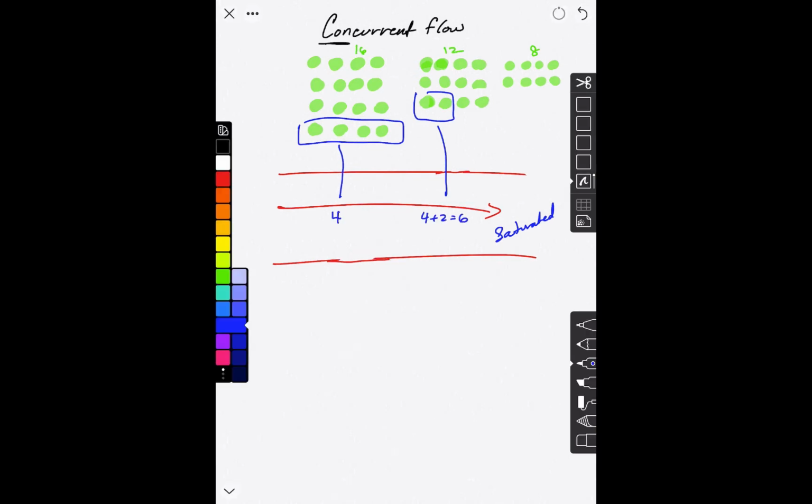To sort of do a side-by-side comparison, I'm going to draw the countercurrent below this. In a countercurrent scenario, we're going to move in the opposite direction of our medium.